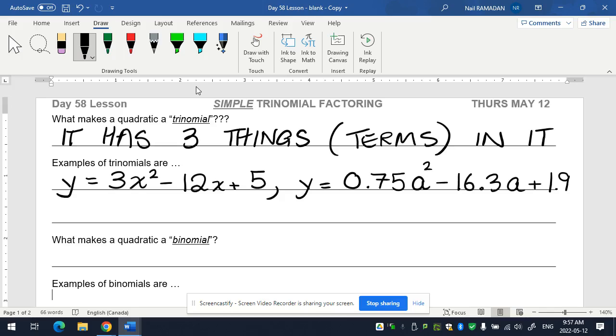How about another example? Maybe instead of y, we can call it h equals. I'm going to use fractions now. What's a good fraction? 3/7, I guess. b squared minus 3/7, positive 6/13 b minus 2/3.